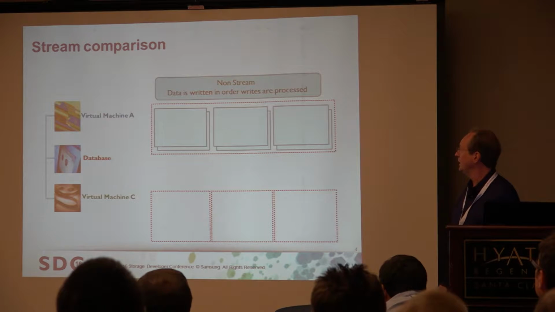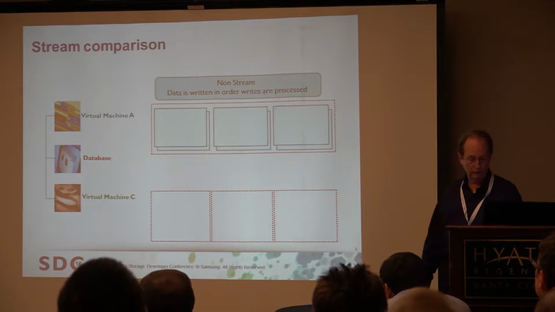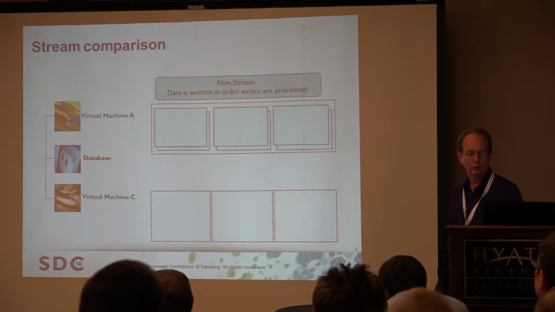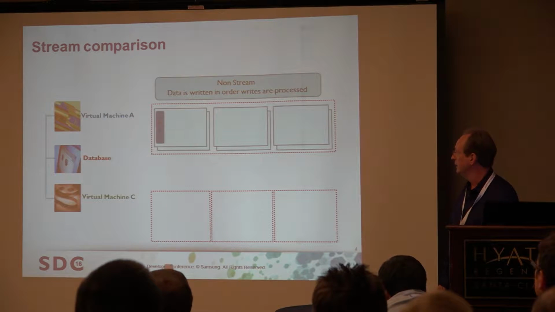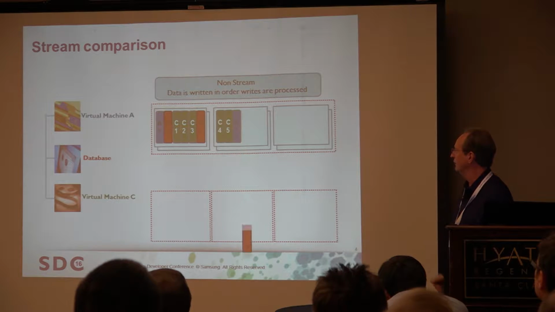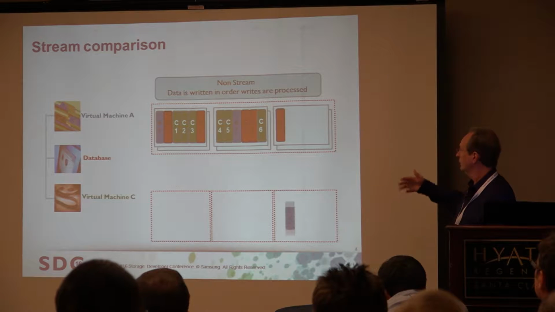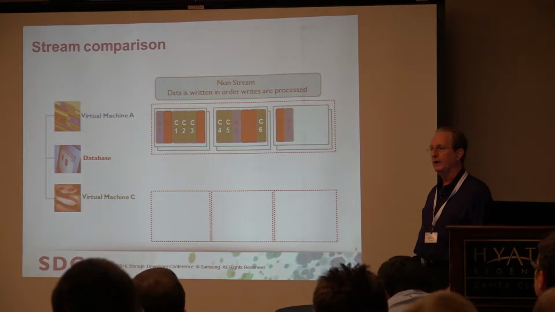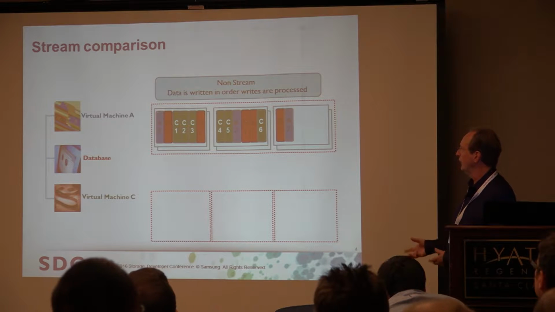In a non-stream, data is written in the order that the writes are received. So you have all of these things coming in from these three different sources of data, and they're going into individual locations in memory unrelated to where it's coming from.